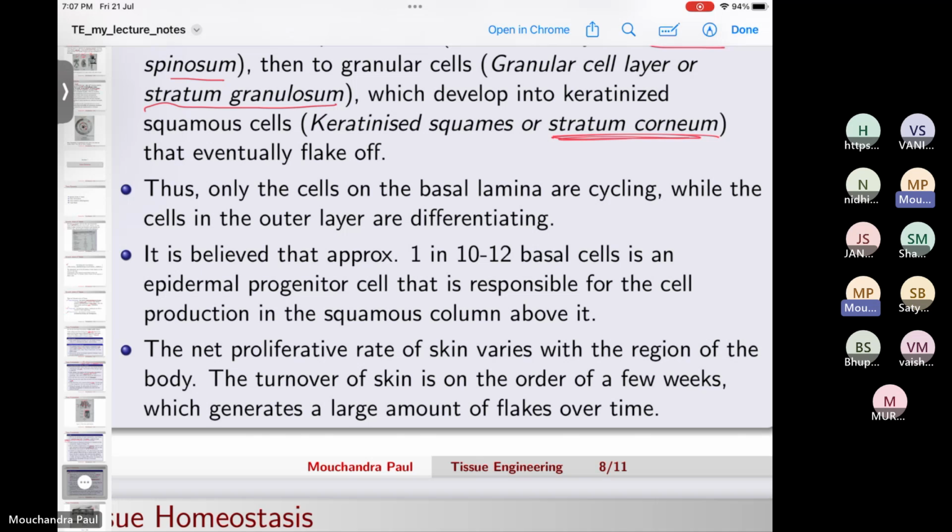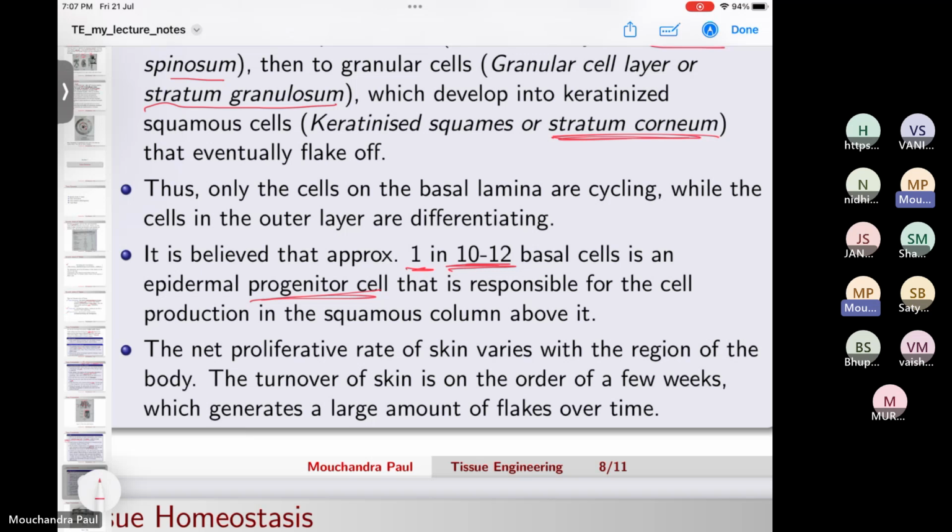They are not dividing, they are differentiating. Now it is believed that 1 in 10 to 12 basal cells is a progenitor cell, all right, which can only give rise to one type of cell.